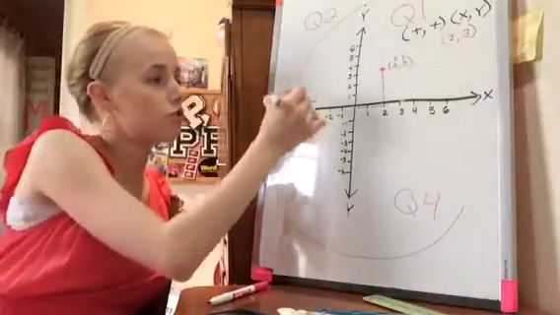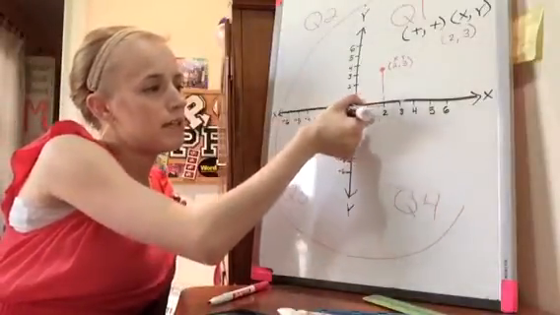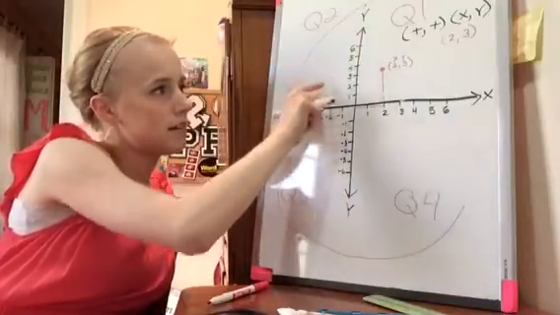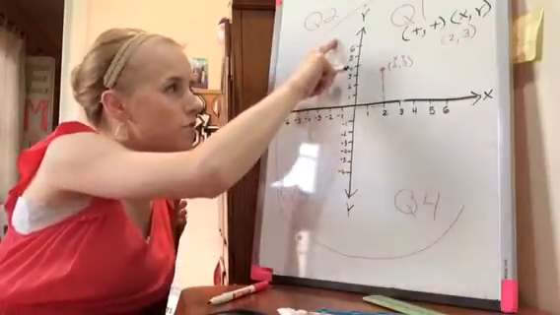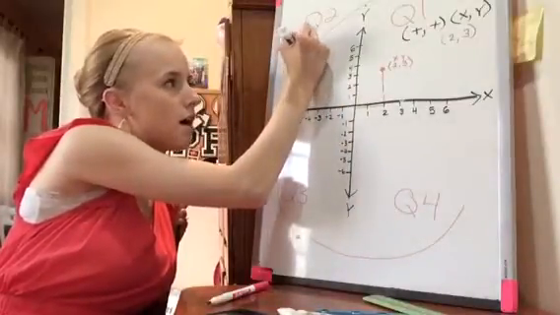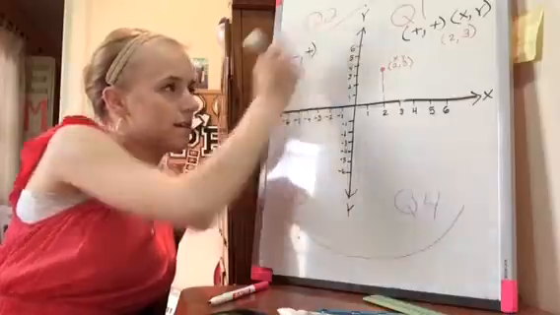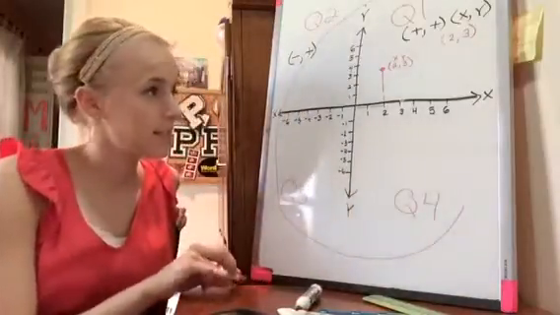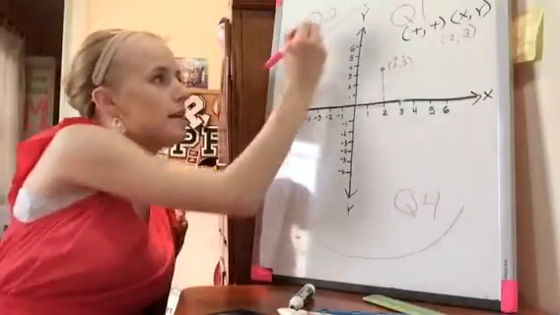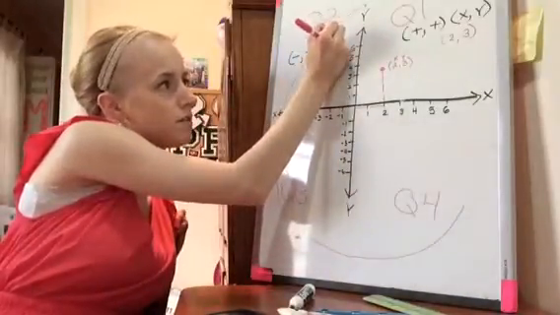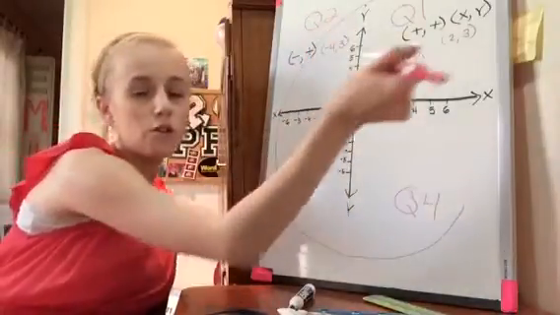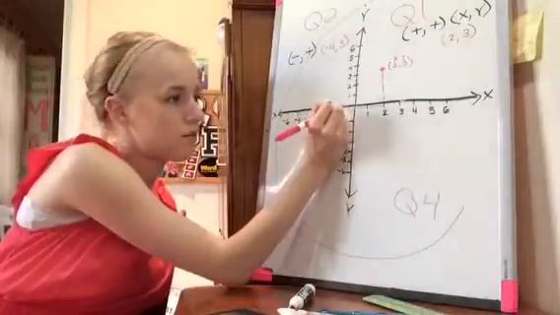We have to pay special attention to that. In quadrant 2, we move in the negative direction on the X-axis, but to get in this area, it's going to be positive in the Y. So we say that it is negative, positive. Let's test this out. Let's say I wanted the point negative 4, 3. That means I'm going to go in the negative direction, which you know is this way.